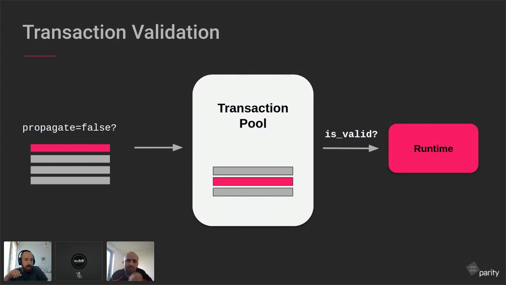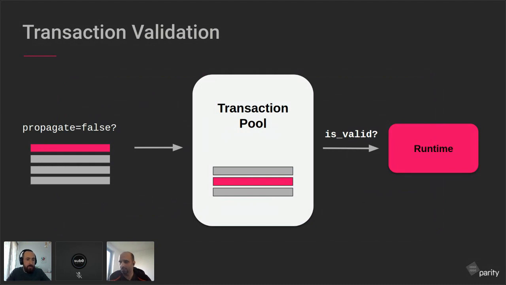So we call into the runtime and we ask if the transaction is valid. And currently, the runtime wasn't able to tell if that transaction was received from the off-chain worker, or was received from the network itself.